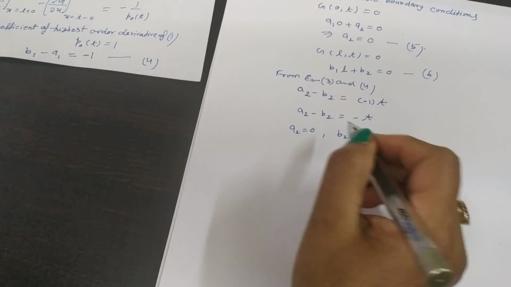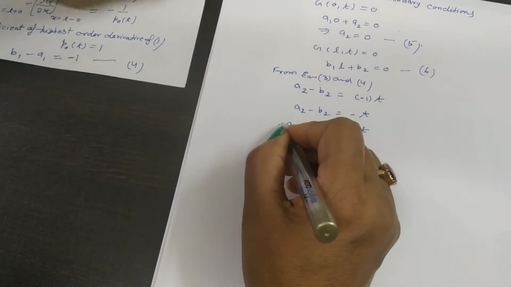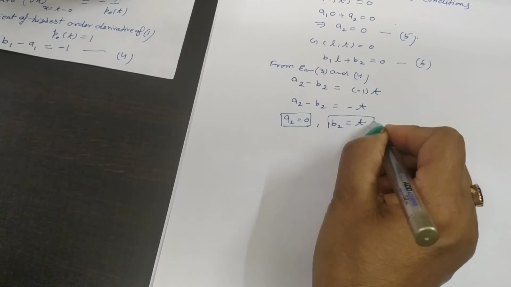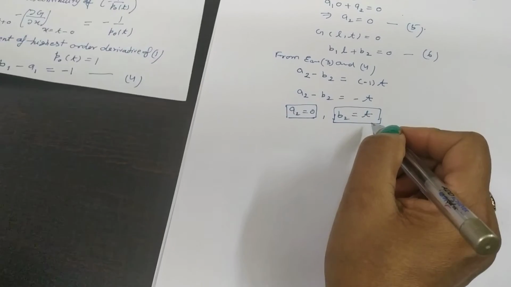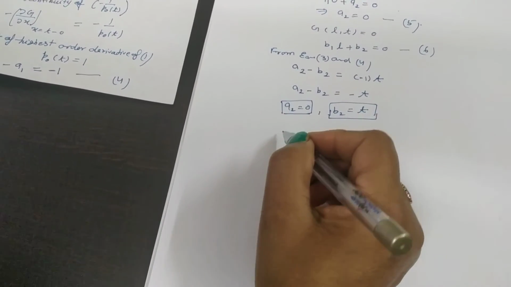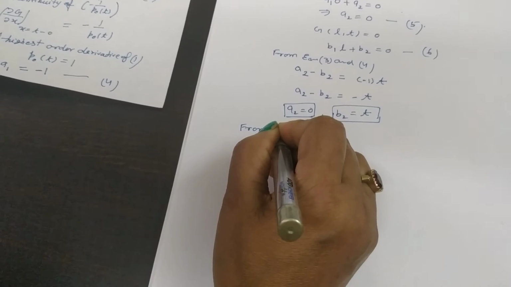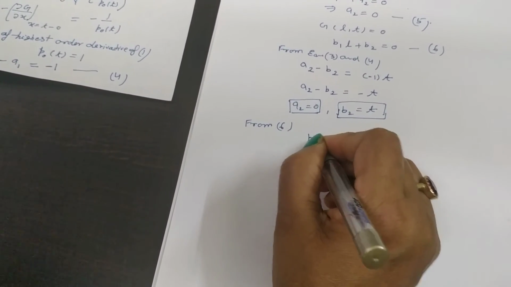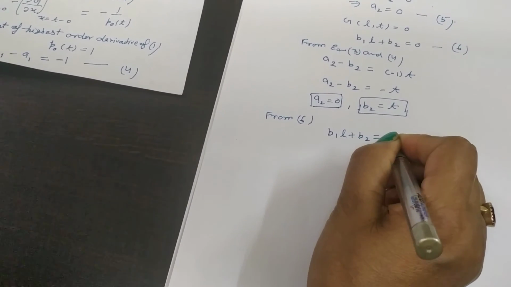Now you get a1, a2. A2 is obtained, you have obtained b2, and now you obtain a1 and b1. Now from equation 6, b1 L plus b2 is equal to 0.